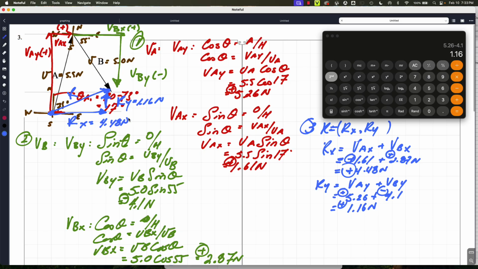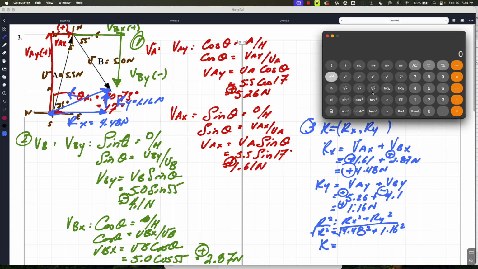So the final value of R is just simply R squared equals Rx squared plus Ry squared, which is 4.48 squared plus 1.16 squared. And we'll just take the square root of both of these, and we'll get R. So let's do that.